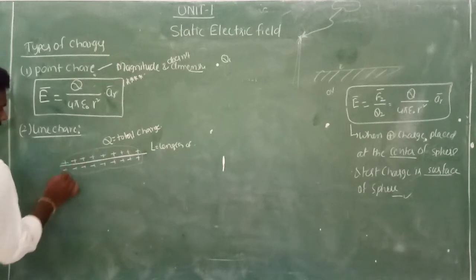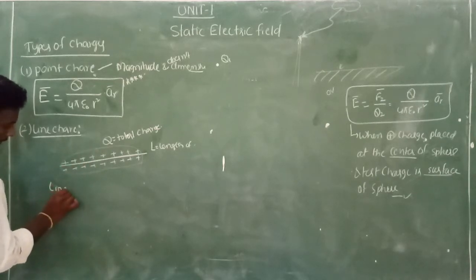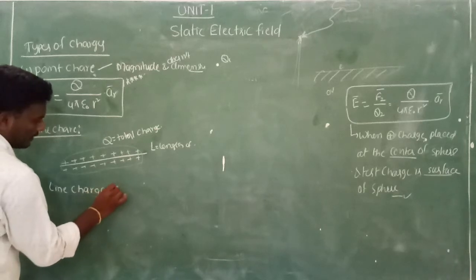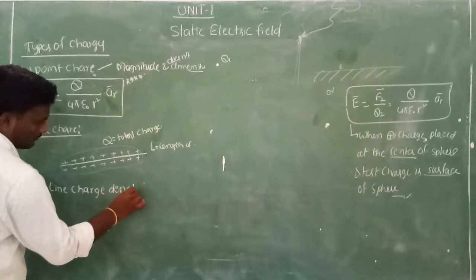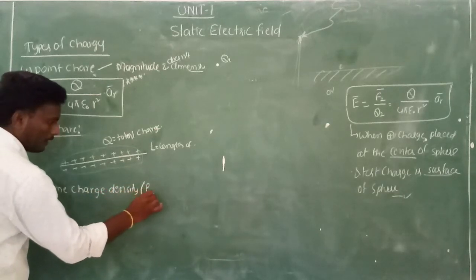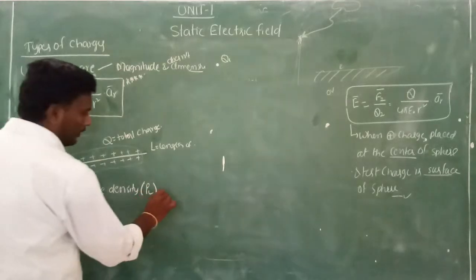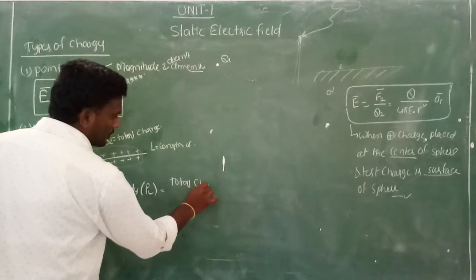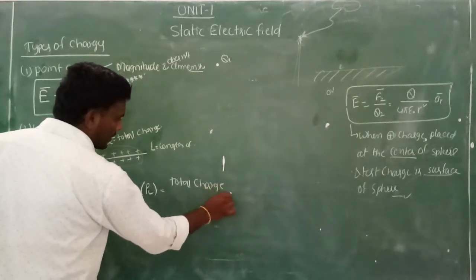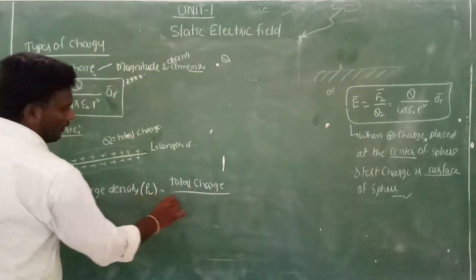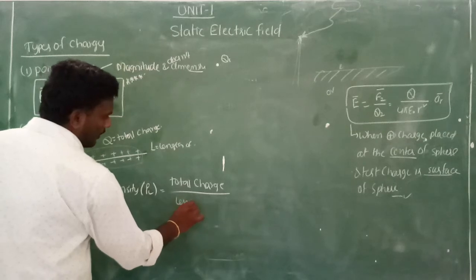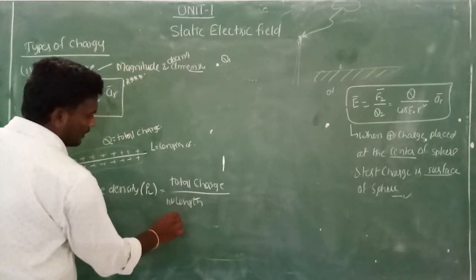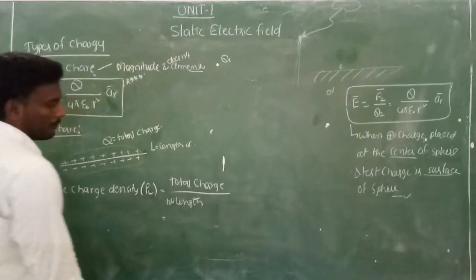The line charge density is represented by rho L, and it is the ratio of total charge to the total length. Here the charge is Q and the length is L.